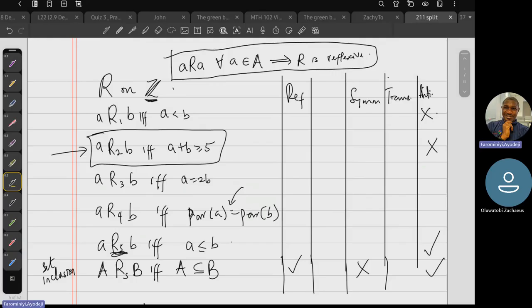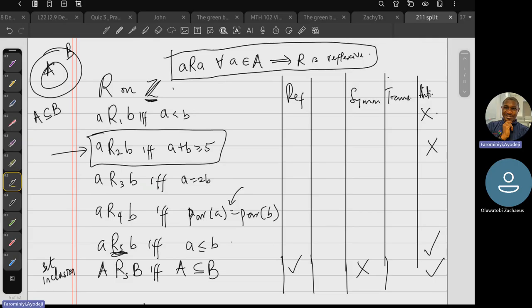Okay, so let's say this is B and this is A. This is what it means to say that A is contained in B, right? Yes, sir. So it is not symmetric, because symmetricity is not when it happens once. Symmetricity means every time it happens.